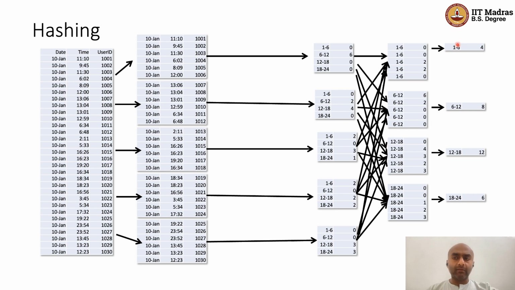Because I know the final answer that I want is based on time block of window, I could create a hash function which looks at the time of day and computes which hour, which block of hours it corresponds to. So imagine writing a Python program which just takes the time of day and maps it to the closest hour block, and that kind of function that can execute in Python is a constant time function because it just looks at one row and it takes an extremely small amount of time to execute.